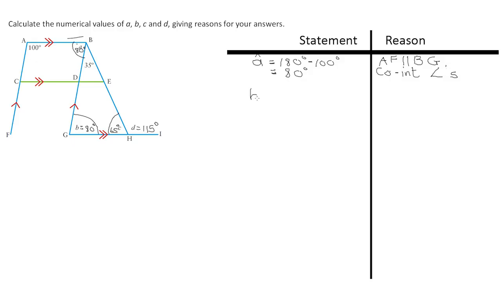B is equal to A, and that is equal to 80 degrees. Why? Because AB is parallel with GH.